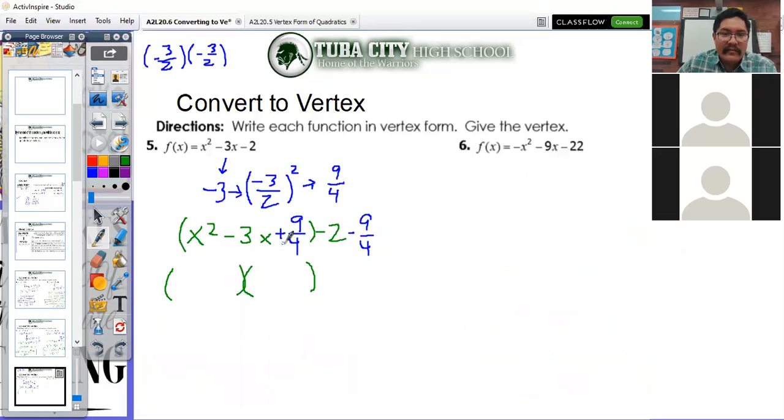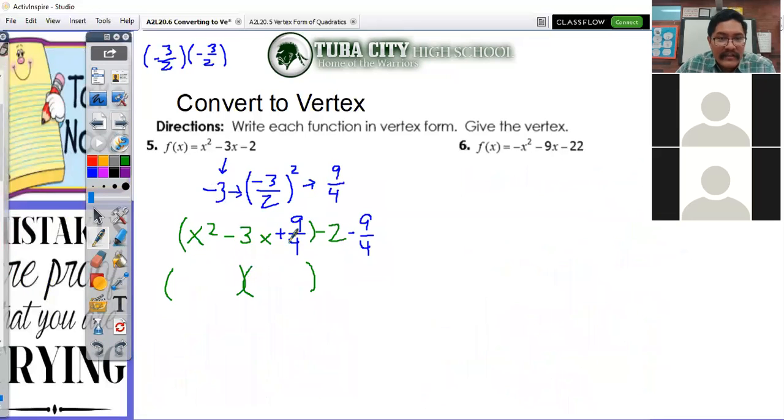So in this case here, an even better shortcut is you just take this number right here. And I don't know how I forgot that. That's the thing that'll make everything super easy.